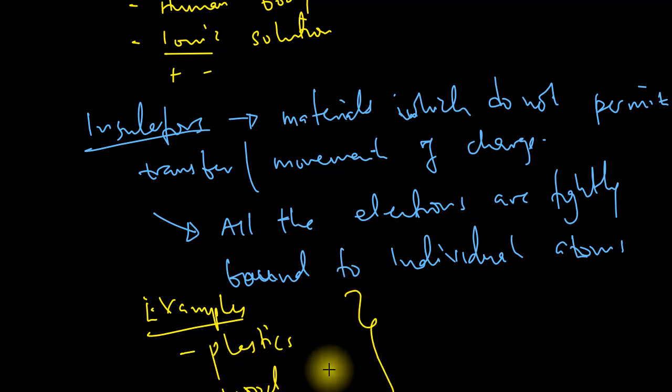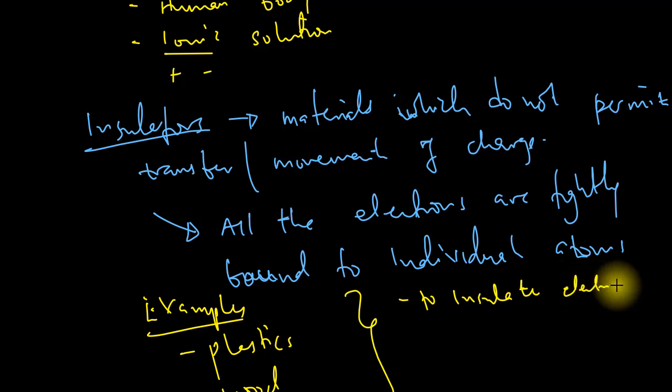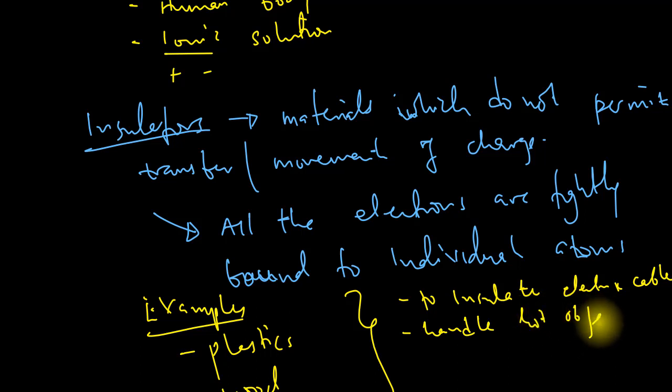For example, these materials are used to insulate electric cables. These materials are also used to handle hot objects, since they do not conduct heat, and many other uses.